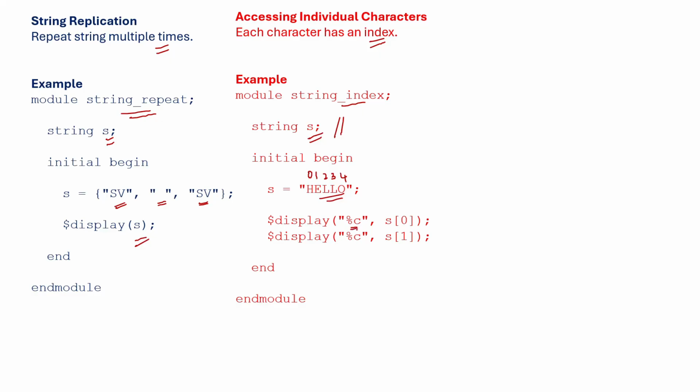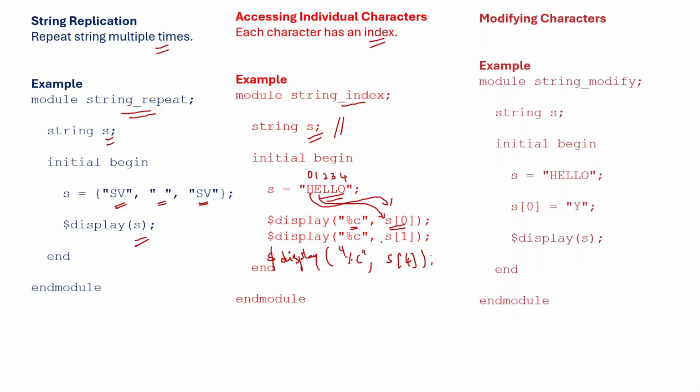Then I want to display my character with percent c, and s of 0. Then s of 0 means h will be printed here, and s of 1 means e will be printed here. You can write dollar display percent c, s of 4. Then the fourth character will be printed here. Accessing individual characters is also possible in strings.